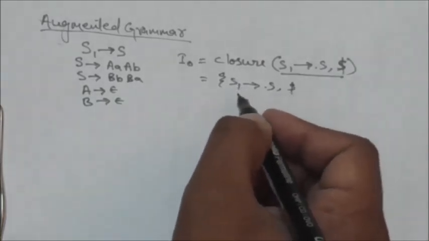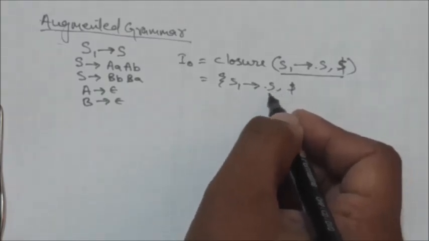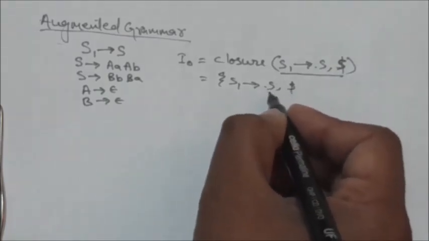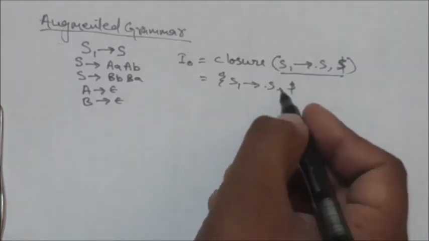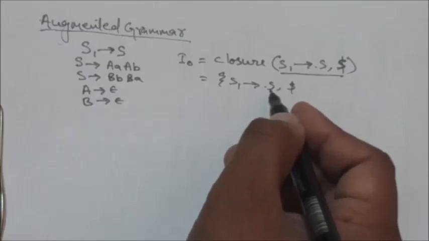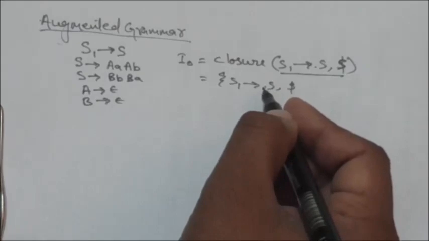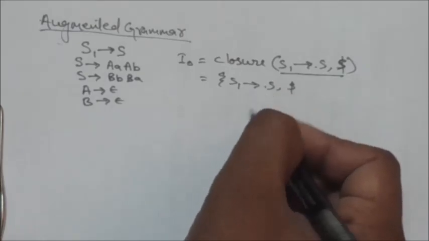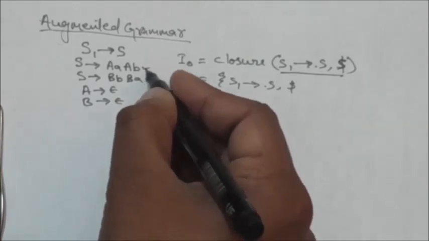right? Now we will check the position of dot in this item. So here dot is preceding this non-terminal symbol S. So what we will do, we will add those items in which this non-terminal symbol S is at left, right, and the dot at right is at leftmost position. So see these two production rules.